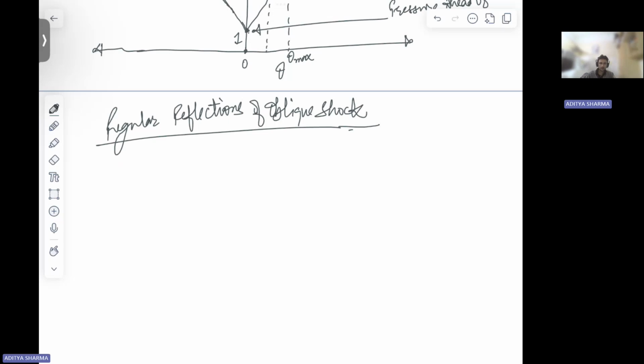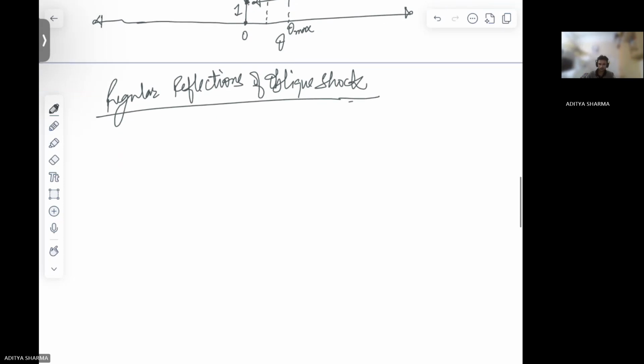Now, what happens in your regular reflection of oblique shock? Two walls are there.